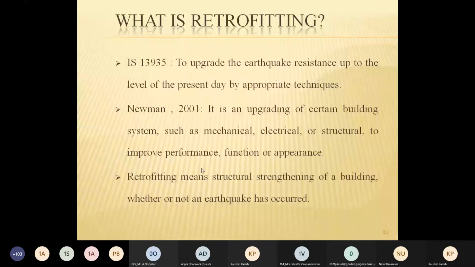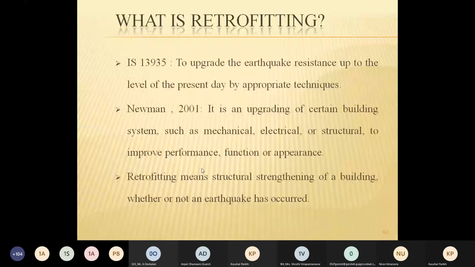Newman in 2001 gave a definition that retrofitting is upgrading certain building systems such as mechanical, electrical, or structural to improve performance, function, or appearance. It means that retrofitting is nothing but the structural strengthening of a building, whether or not an earthquake has occurred. What is the need for retrofitting?